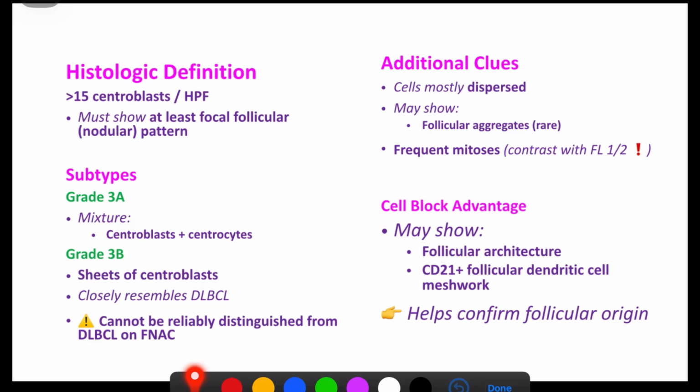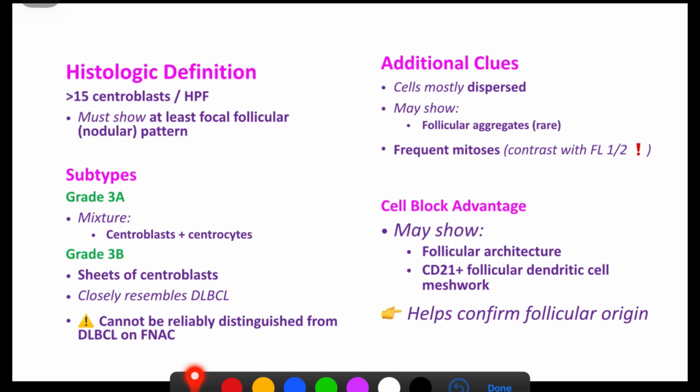So what is the definition for follicular lymphoma grade 3? It must have more than 15 centroblasts per high power field, and must show at least a focal follicular or nodular pattern. Subtypes include grade 3A and 3B.